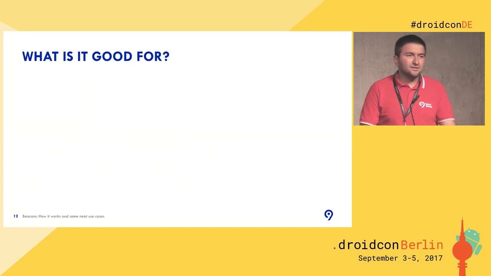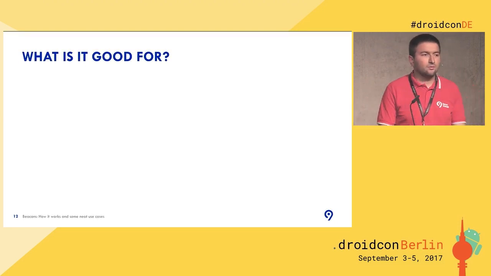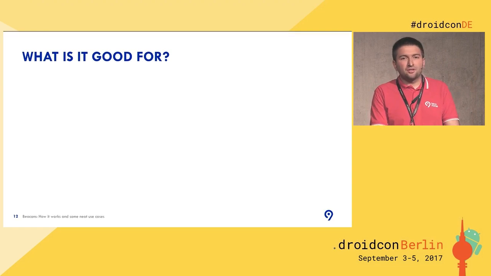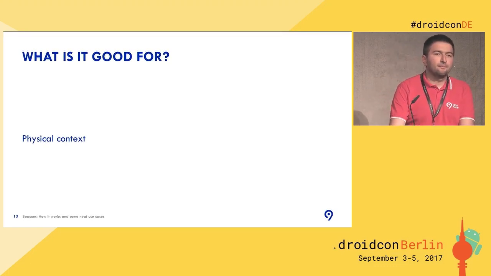So I explained a bit of how it works and what types there are, but what is it actually good for? What do we gain with this? The most important thing that we get with beacons is physical context.